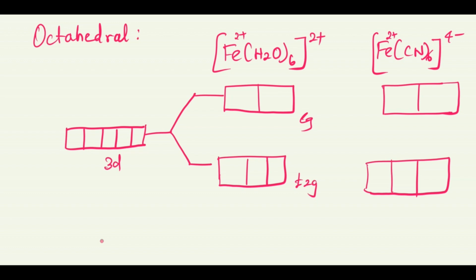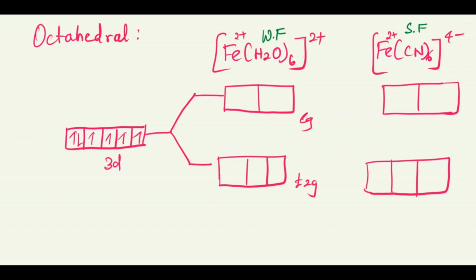4s is 0, isn't it? So 3d6, 4s is 0. 6 electrons I should distribute throughout Eg and T2g. In the presence of a weak field ligand, what will happen? We saw that in VBT also.